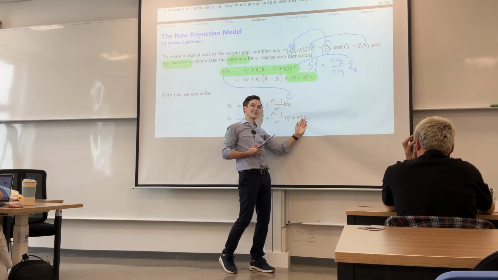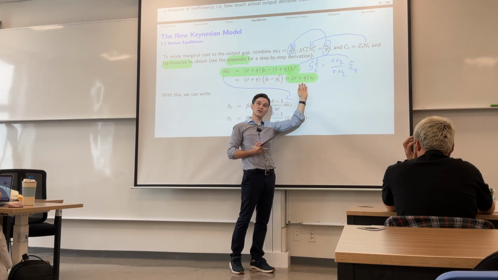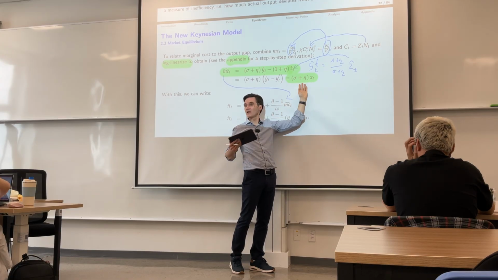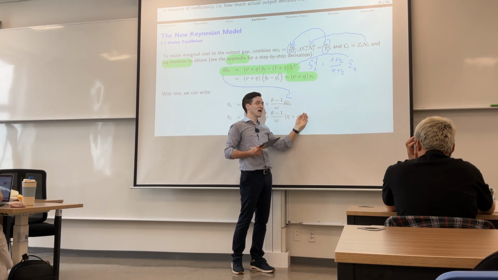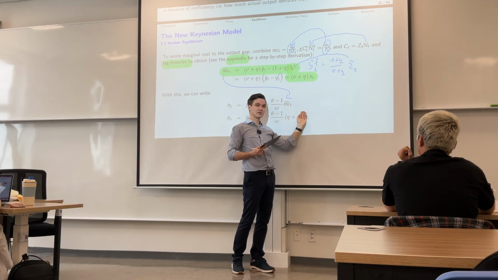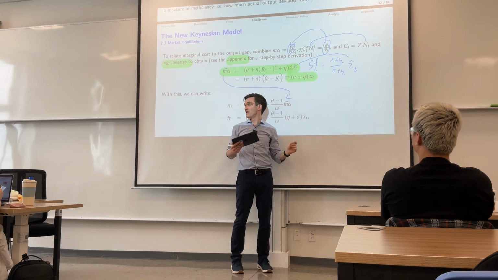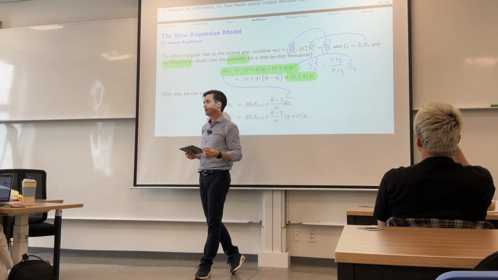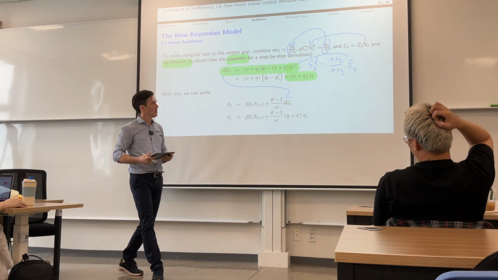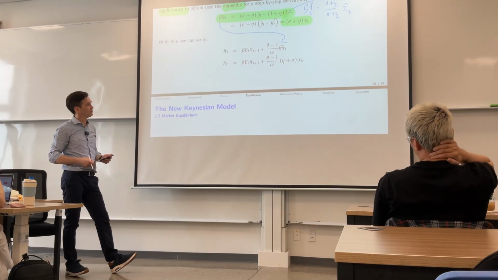If the output gap is positive, if actual output exceeds the efficient level of output, then you're going to get inflation. If the output gap is negative, in other words, if the output gap falls, then actual inflation is going to be less than at the efficient level. So that's a measure of resource efficiency.